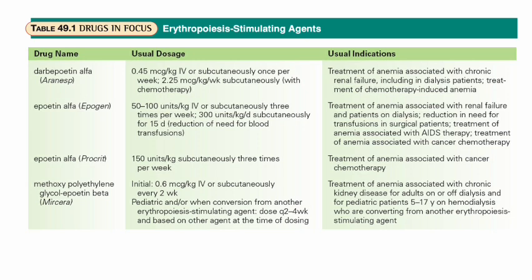When agents are used to stimulate the bone marrow to make more RBCs, it is important to ensure that the patient has adequate levels of the components required to make RBCs, including, of course, adequate iron.